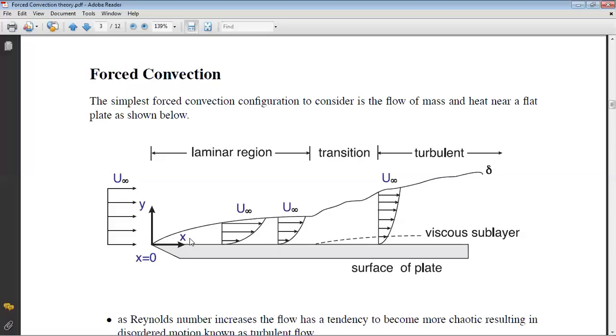Now, once the fluid reduces the velocity to 0, the next upper layer of the fluid will also get influenced by this. As a result, the velocity of the upper layer of the fluid will also reduce.